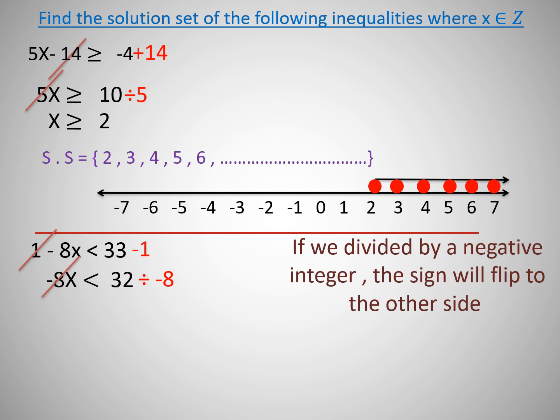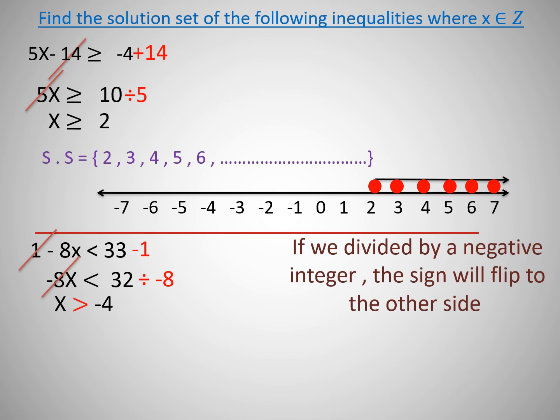If we divide by a negative integer like negative 8, the sign of inequality will flip to the other side. How is this? Let's see. Now we have less than, but we divided by a negative integer, negative 8. So less than will flip to greater than like this.